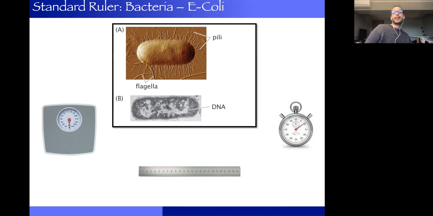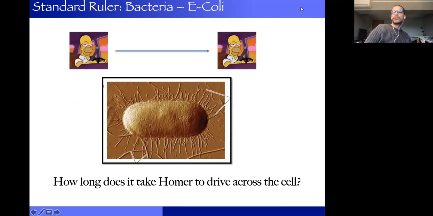Okay, so just to make it a bit more concrete, this is a zoom in of our bacteria, and Homer here is basically a protein, or a molecule that has to diffuse along this surface. So it has to move from one end here to another.